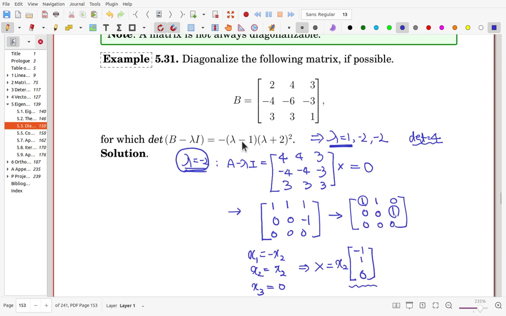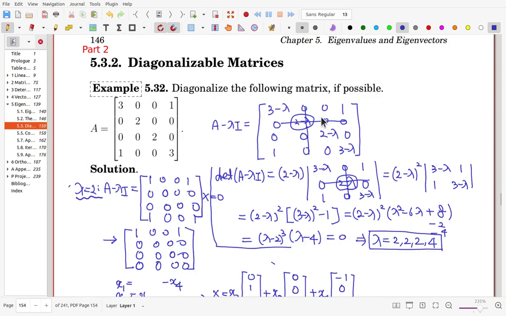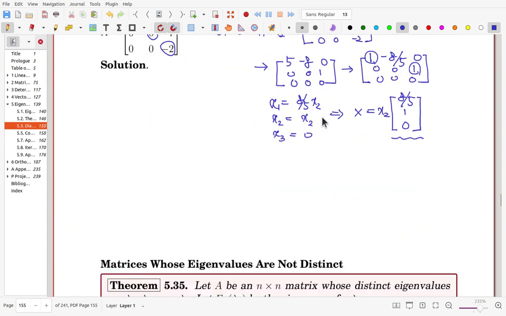If we can get one eigenvector from lambda is 1, then the total number of linearly independent eigenvectors for the matrix is 2. So it is not diagonalizable. This is invertible, but not diagonalizable. So again, the statement is false.